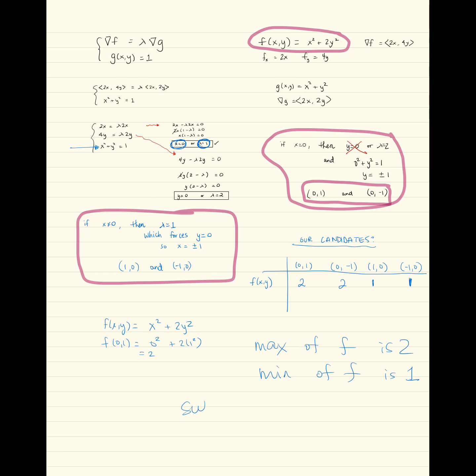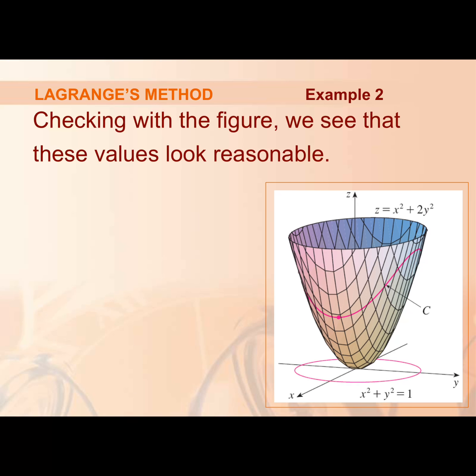This is for all points on the circle x squared plus y squared equals 1. I think we have a little picture here. So here's the idea. Our candidates were 1, 0, and then here 0, 1, and we also had the negative values back here, 0, negative 1.